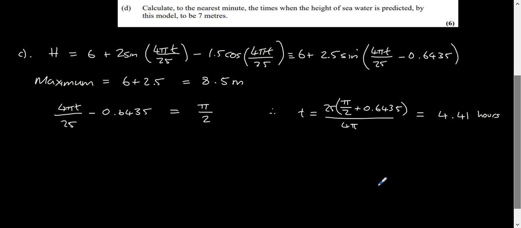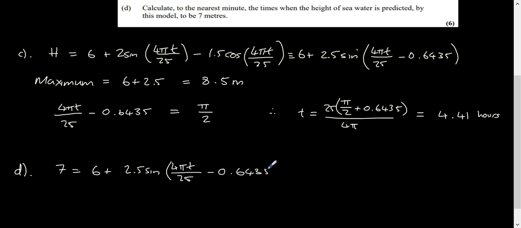All right, so now we're into what is basically solving an equation. Calculate to the nearest minute the times when this is equal to 7 meters. So that means we're looking at 7 equals 6 plus 2.5 sine of 4 pi t over 25 minus 0.6435. And we're just going to go ahead and solve this equation.